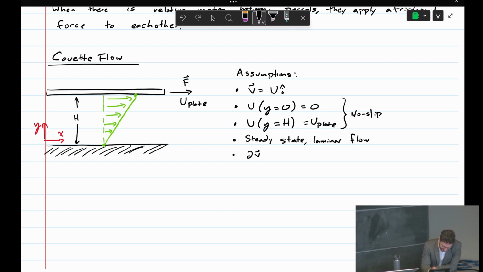We'll take partial v by partial x is 0, so that means fully developed. x is the direction along the flow direction, so this profile doesn't change along x. Since partial v by partial x is 0, there's no change along x. Anywhere you look along the x-plane, you'll get the same linear velocity profile.